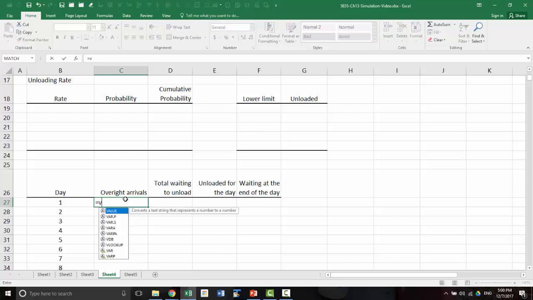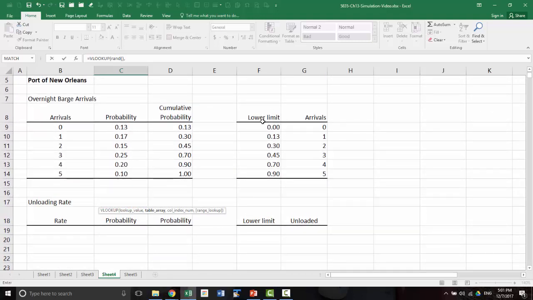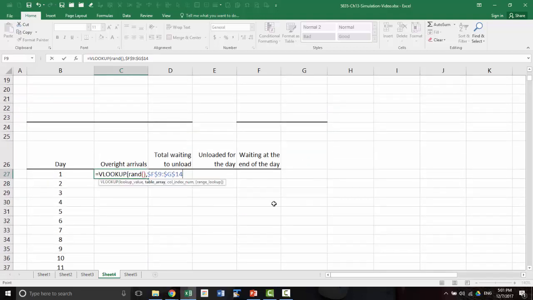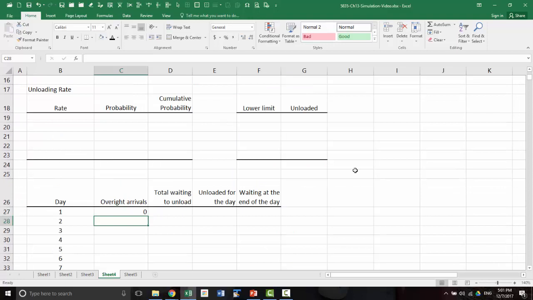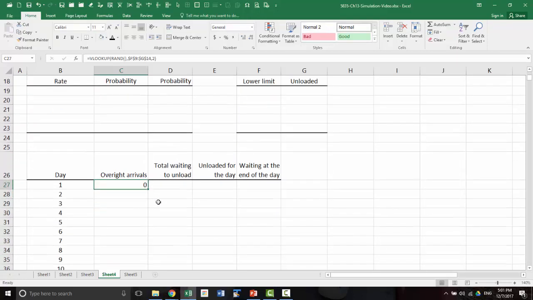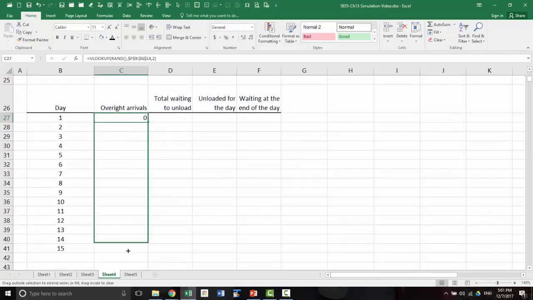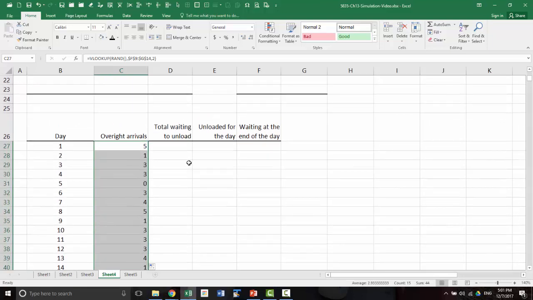Of course we have to generate the probability, which is the RAND function. So RAND will generate a value between 0 and 1. And now you look up that table and you have to make that an absolute reference. So this can be copied, and then comma 2, because the arrival should come from column 2. Okay, so that gives us how many arrivals in a given day. Copy that and you have the arrivals simulated for the 15 days.